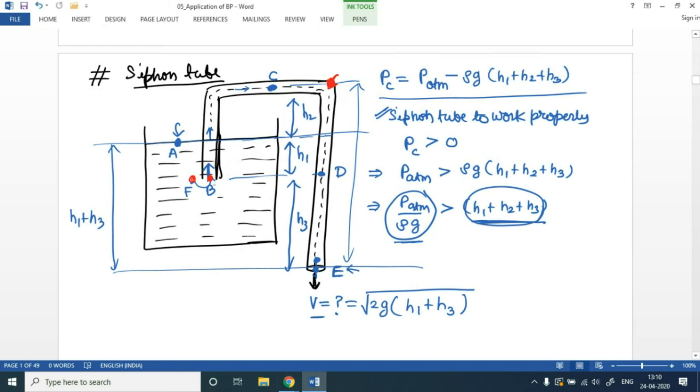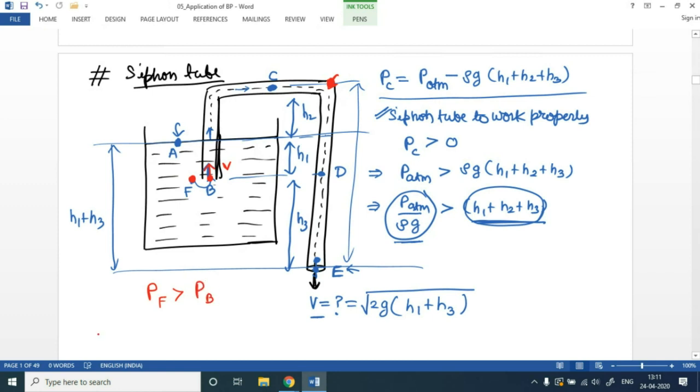The liquid at point F is moving with negligible velocity, whereas the liquid at point B will have velocity v. So it has some kinetic energy per unit volume, and that must be at the cost of the pressure energy. So the pressure at B will be less than the pressure at F.